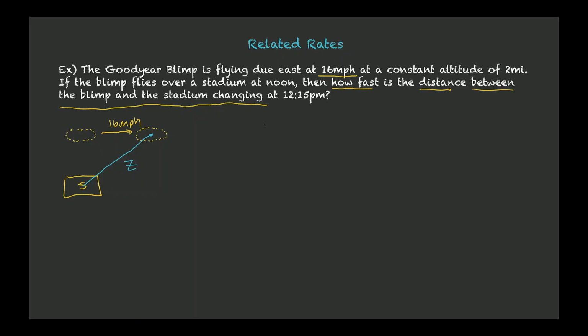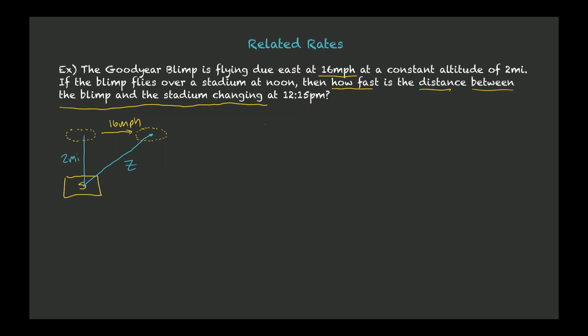Okay, now what else do we have? Well, we have the vertical height, the altitude, which is always the same. And remember, when you're doing a problem in related rates and something is not changing, don't assign a variable to it. So I just want to put in 2 miles there.